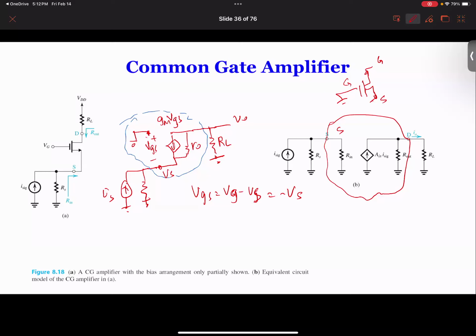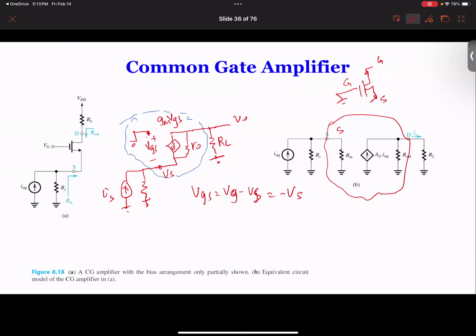The other thing to be careful about is that this IS may not be the same current as in here, because the current goes this way, and there may be a current going that way. So this current is not the same as this current or this current. Ultimately, we need to do nodal analysis in order to get the results we wanted.